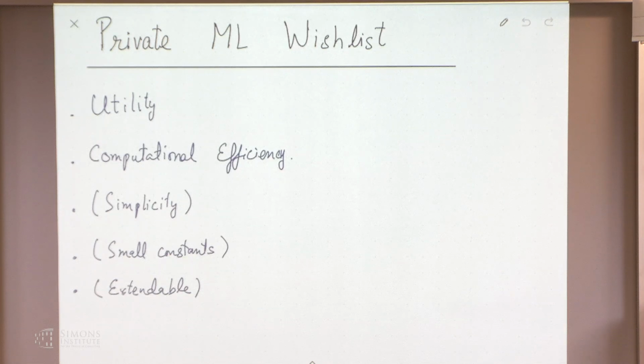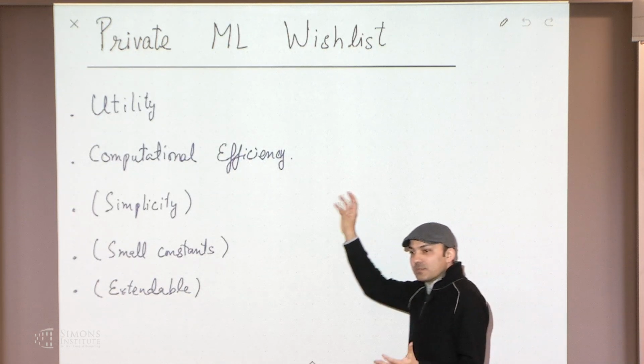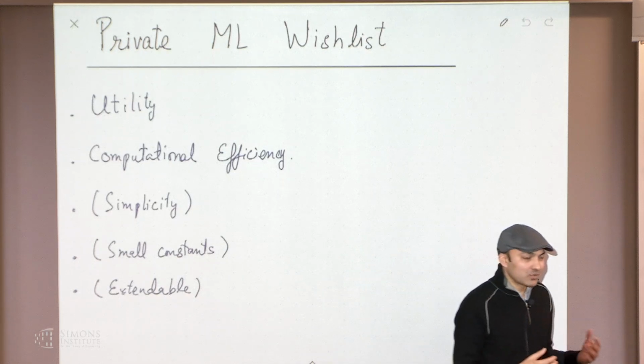We would also like our differentially private machine learning algorithms to be as computationally efficient as the non-private ones. And we will not always be able to achieve that. This was a happy coincidence where we were essentially able to match the computational complexity of the non-private algorithm. Some other nice desiderata of private machine learning algorithms: the algorithm should be simple and easy to understand.